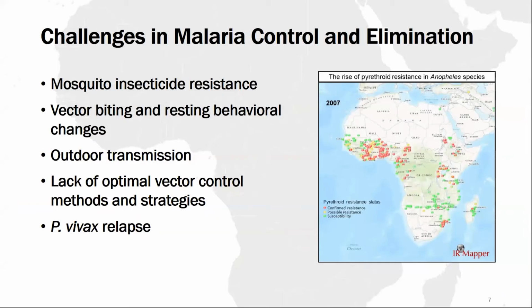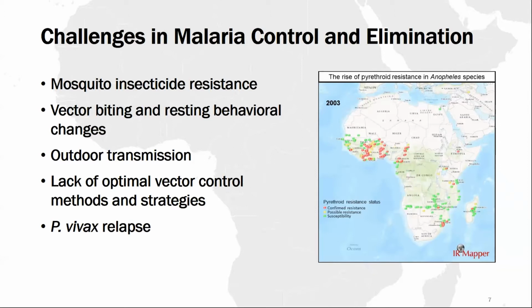In addition to funding challenges, there are a number of challenges that limit the effectiveness of malaria control and elimination programs. These challenges include insecticide resistance, vector biting and resting behavior change, outdoor transmission, and lack of optimal vector control methods and strategies.